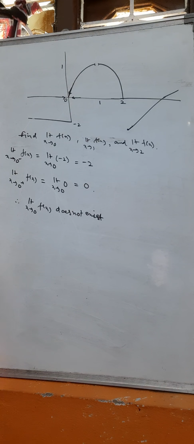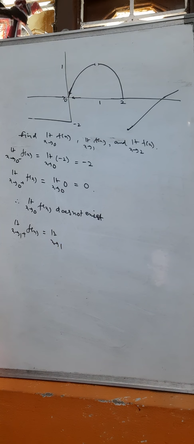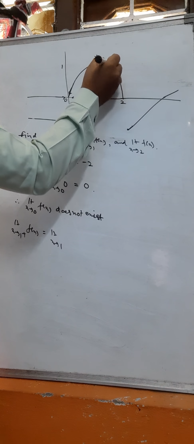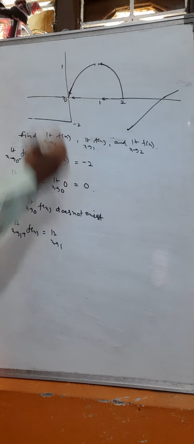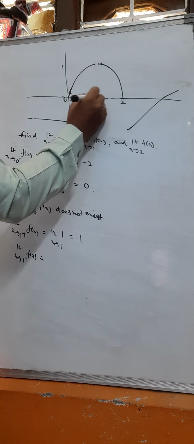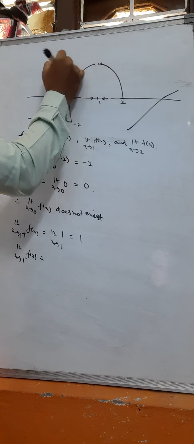Next, if we take limit x tends to 1 plus f of x, 1 plus means more than 1, from the right side, the function approaches 1 only. So that is equal to 1. Limit x tends to 1 minus f of x: x is approaching from the left side, the function approaches 1 only.